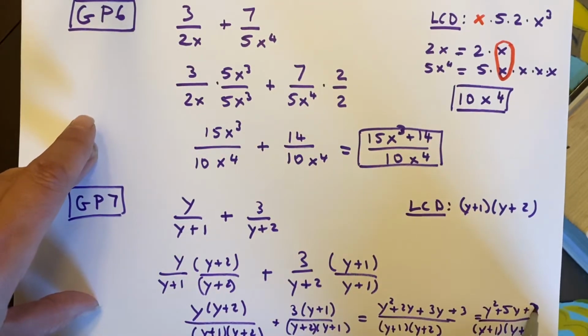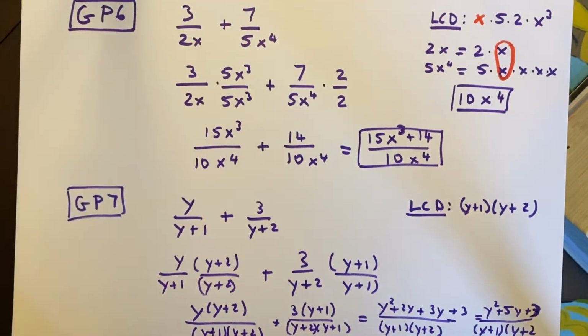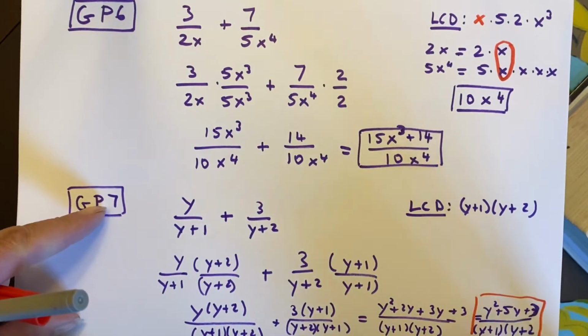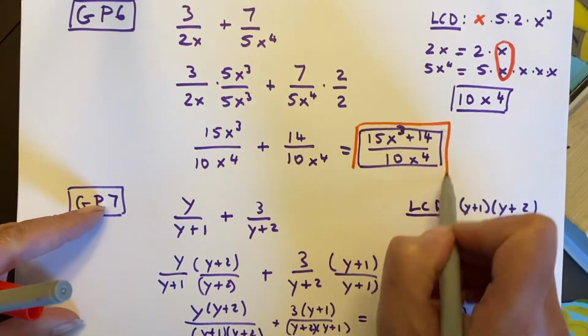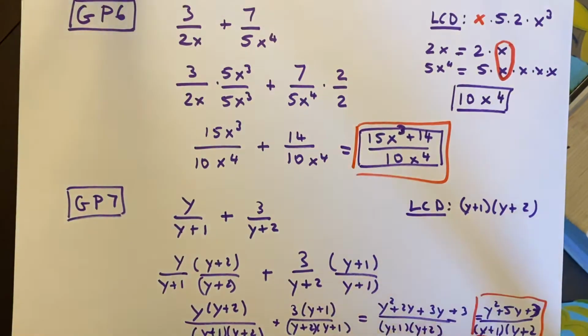That's a 3, by the way. Okay, so that is guided practice 7. And we'll very quickly do guided practice number 8.